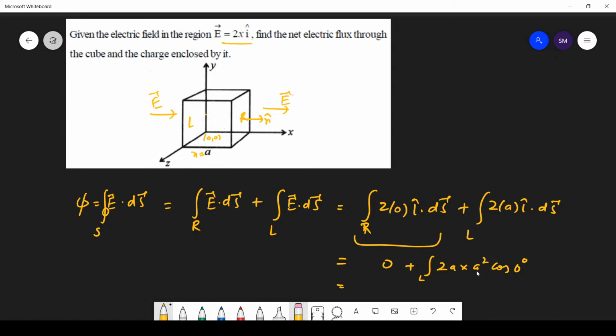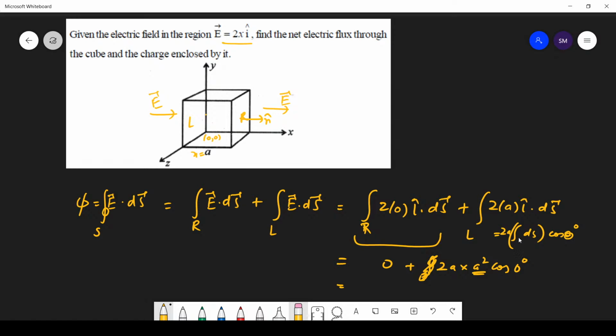I have taken the integration of this, its value, the area. So 2a was constant, it came outside. If you want to write one more step, that will be equal to 2a is constant, it will come outside, and this will be ds, and cos theta is also constant, that is cos 0, so it will be outside.